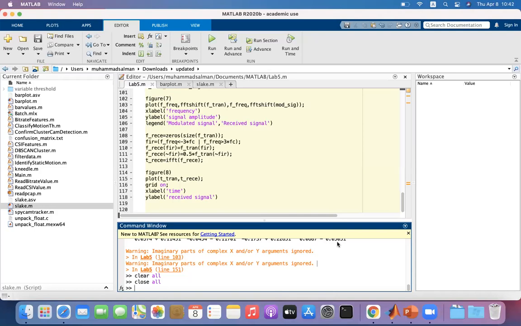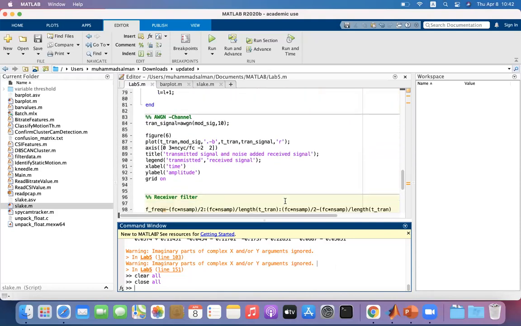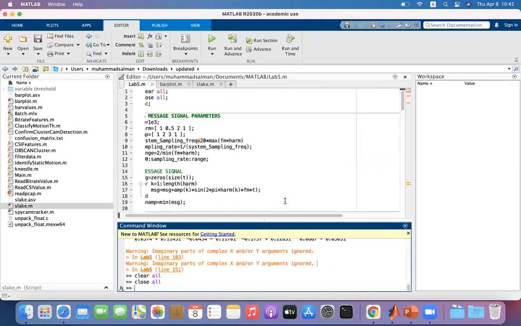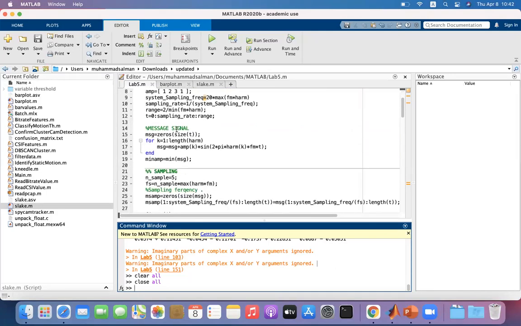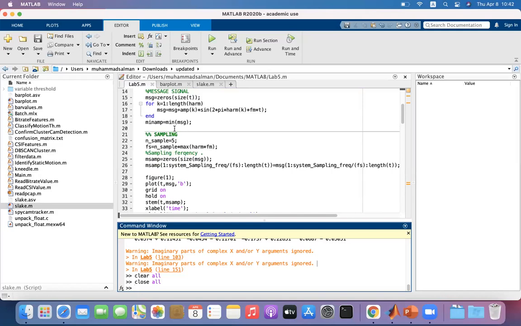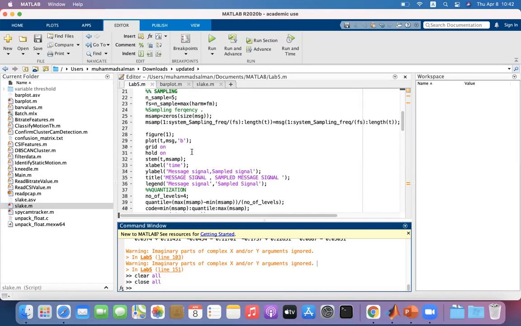So before proceeding to the new work which we are going to perform today, let me go through the basics. So firstly, we generated a signal. I'm not going into detail how we generated a signal because you already know how we did it. And after generating the signal with the Fourier series, then we sampled the signal and we took some portion of the signal.